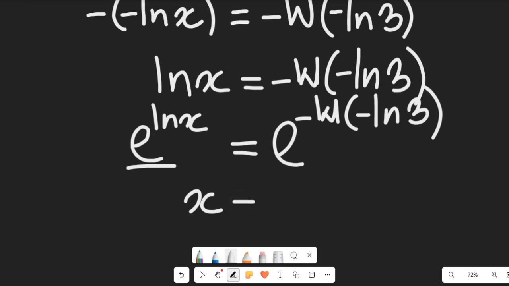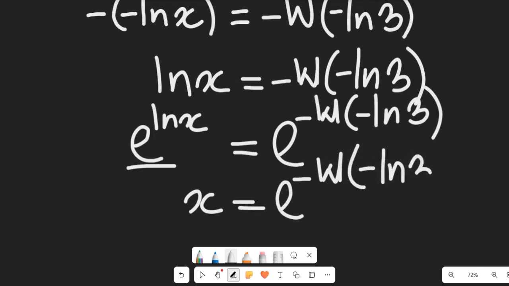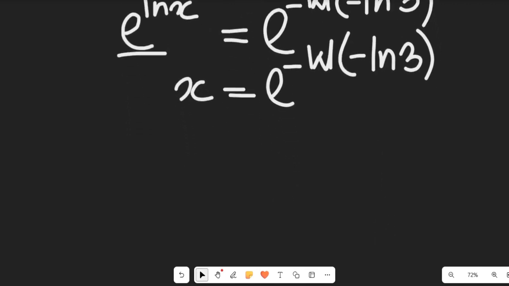So my x is equal to the exponent of the negative of the Lambert W of negative ln of 3. Does that look like a solution? Of course, it looks like a solution, but we can simplify this further.